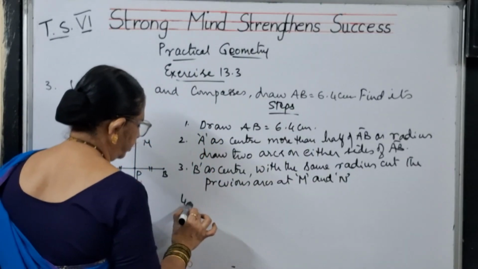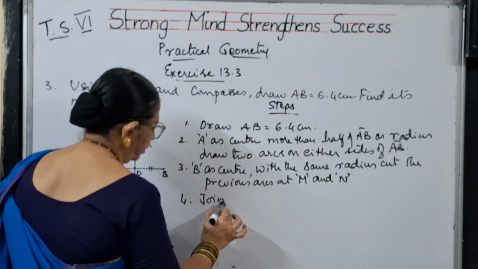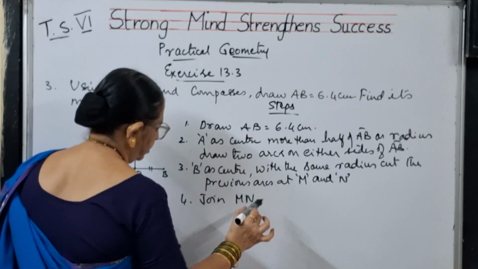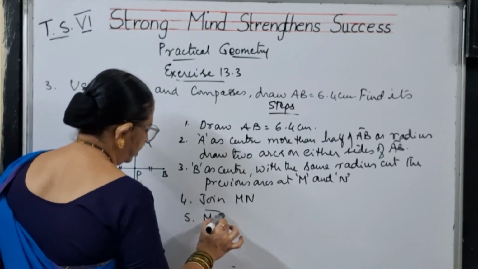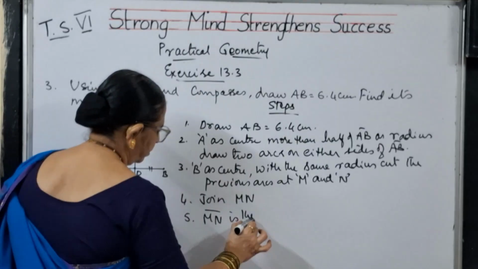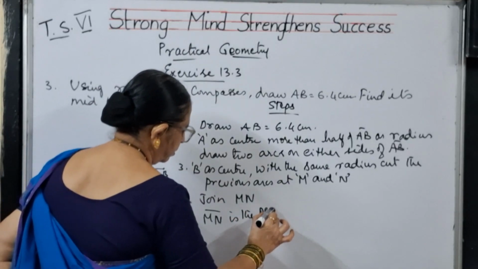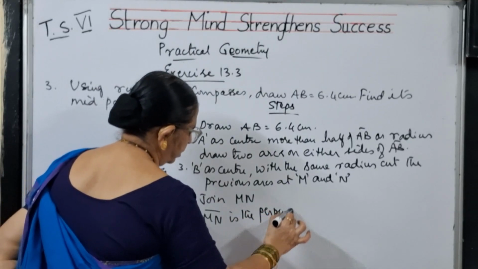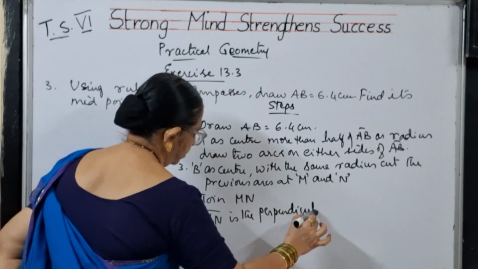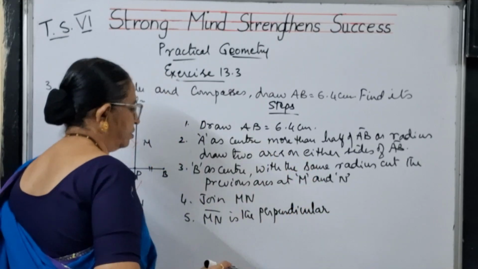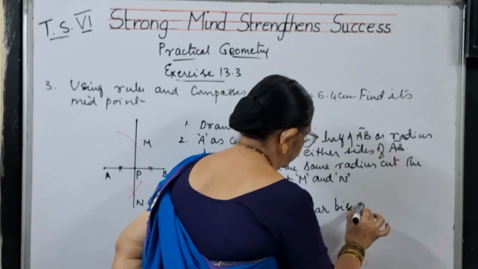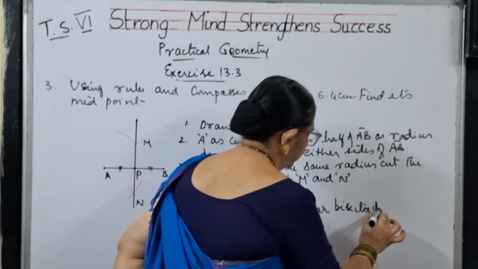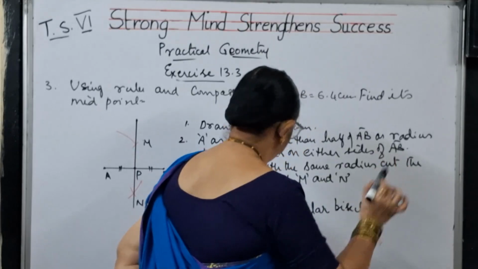Next, fourth point, join MN. Fifth point, MN is the perpendicular bisector of AB.